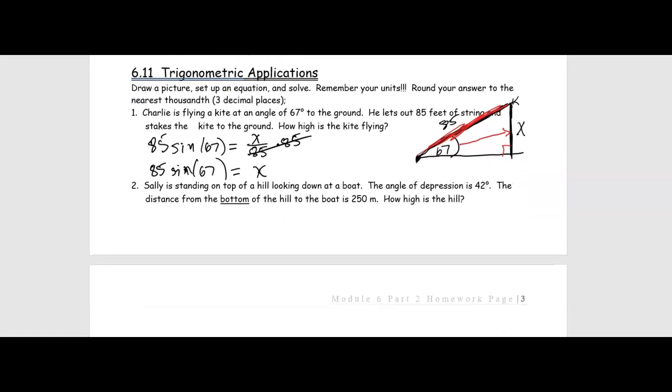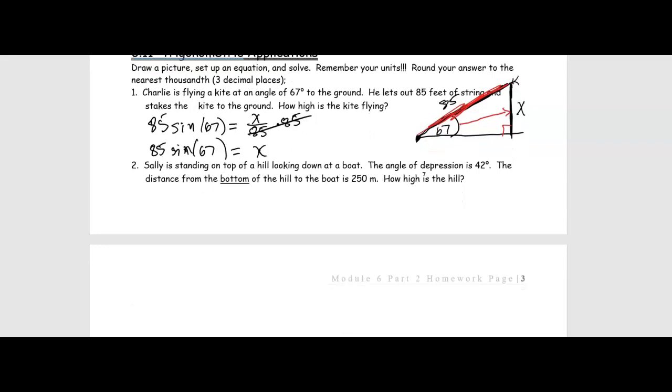All right. The other type we did is what we called an angle of depression. So Sally is standing on the top of a hill. So let's say this is our hill. Here's Sally. The angle of depression is 42 degrees. So what that means is Sally would be looking straight out. That's a 0 degree angle. She's looking straight out. Her angle of depression to the bottom of the hill to a boat.